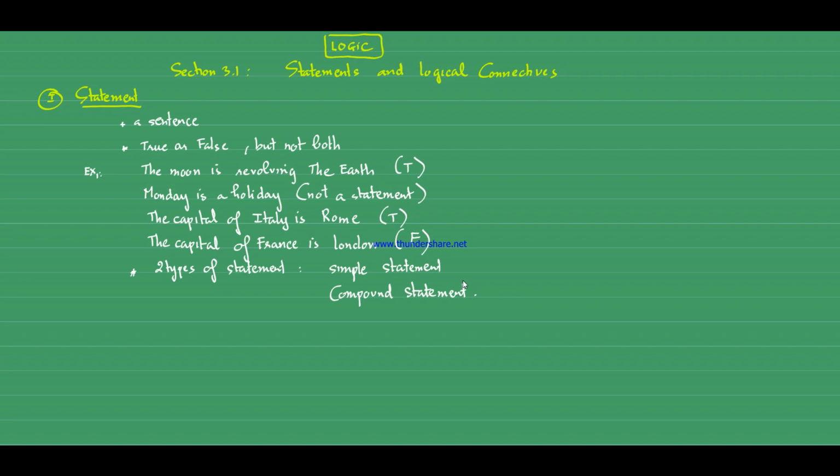What is a simple statement? I can say the capital of Italy is Rome. That is simple, not compound, because compound means combine. When you combine two simple statements together using some connective, which I'm going to introduce later, then we have a compound statement.